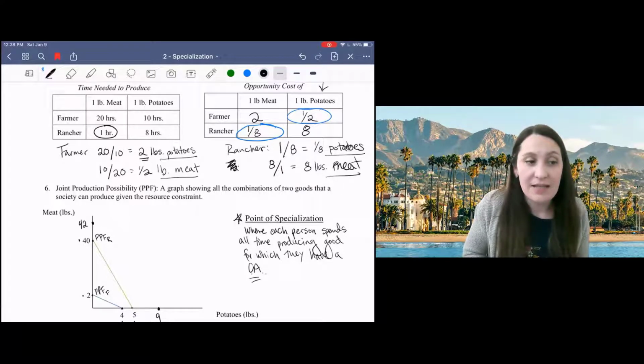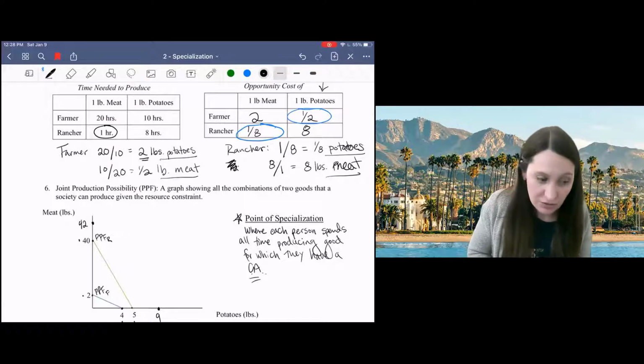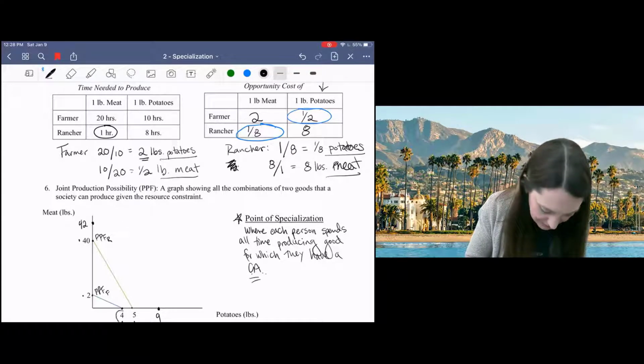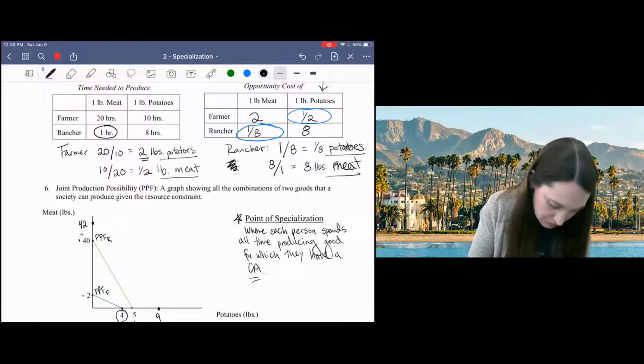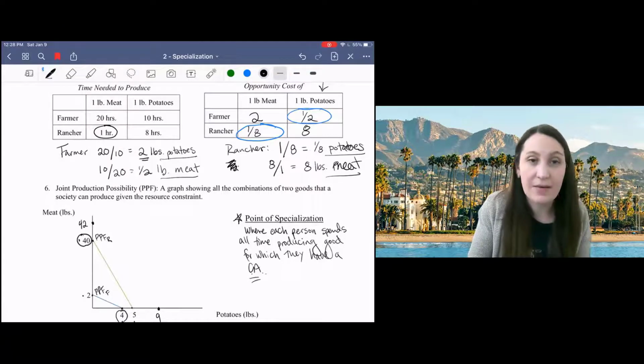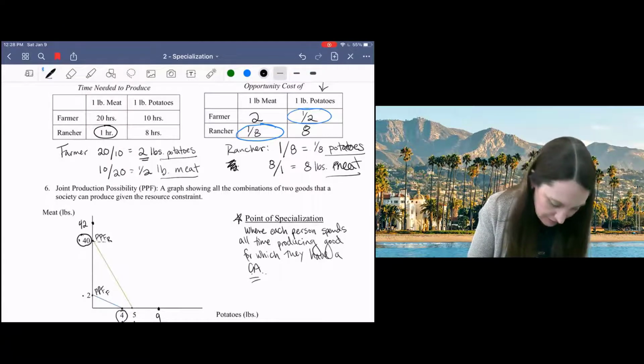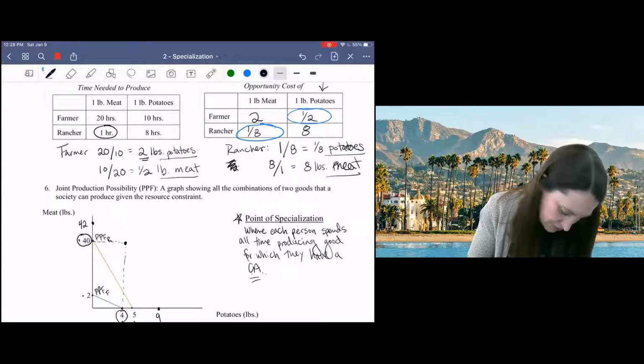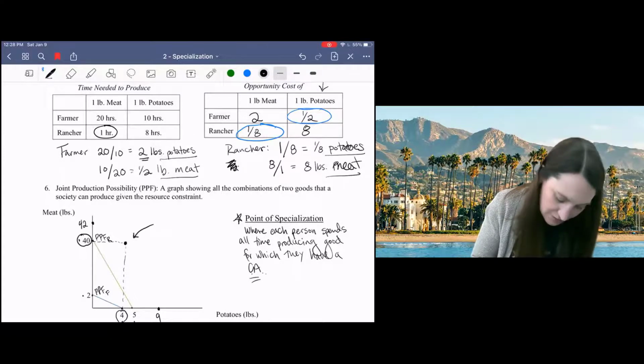So in this case, that means that the farmer should produce only potatoes. The rancher should produce only meat. And we will get 40 pounds of meat and 4 pounds of potatoes. And here we have the point of specialization.